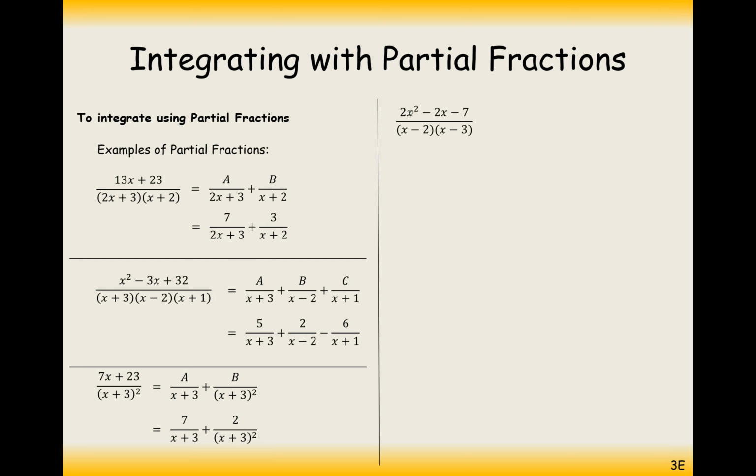Sometimes you'll get the same power on the top as you will on the bottom. So what you'll see here is we've got an x squared on the top here, and in the case of the denominator, we'd also have an x squared. So what you'd need to think there is, okay, on the top I've got 2x squared, on the bottom I've got x squared, and if I was to cancel those two out, not doing the whole thing, you'd get a constant term.